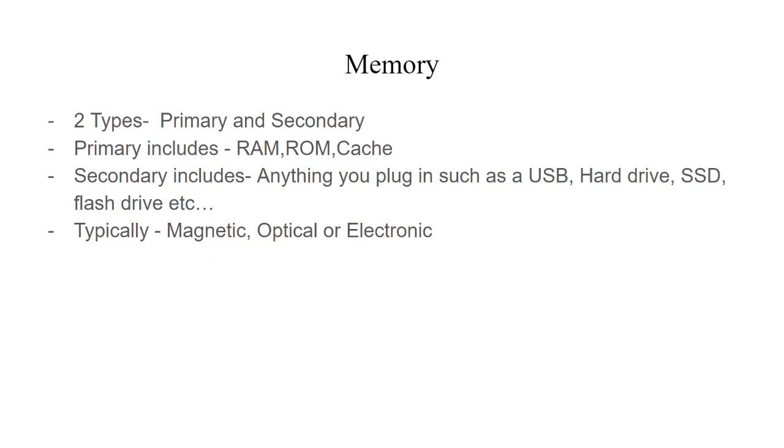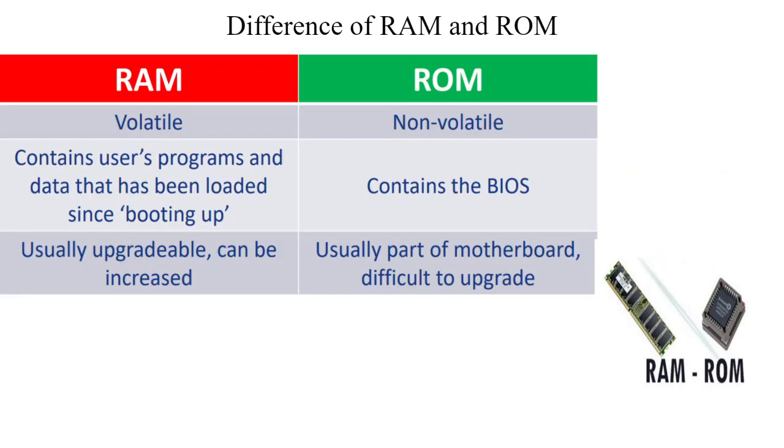For the primary memory, they can also ask the difference between RAM, ROM and cache, which is written here. ROM contains the BIOS, RAM contains the user's information about the programs they are using. RAM is volatile, ROM is not volatile. ROM is usually part of the motherboard and it's difficult to upgrade. RAM is upgradable.